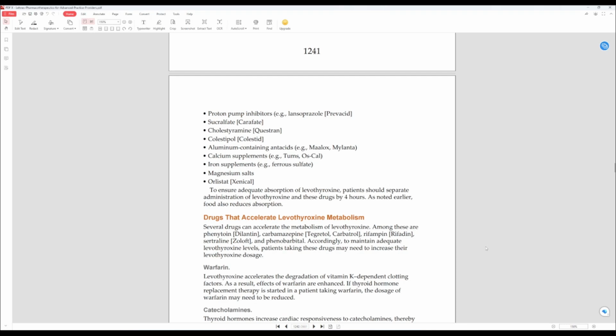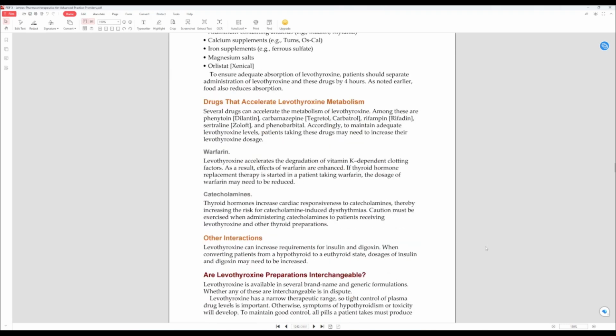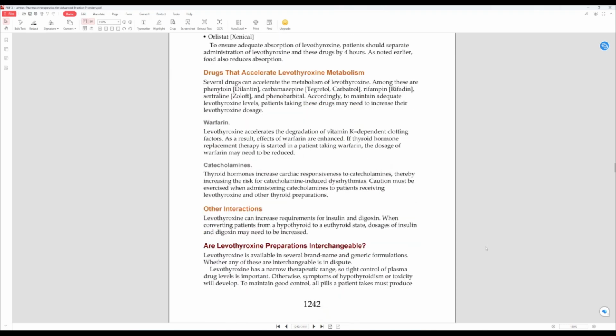Drugs that accelerate levothyroxine metabolism. So, the opposite end once more. This time, several drugs can accelerate metabolism of levothyroxine. Among these are Dilantin, Tegretol, rifampin, Zoloft, and phenobarbital.